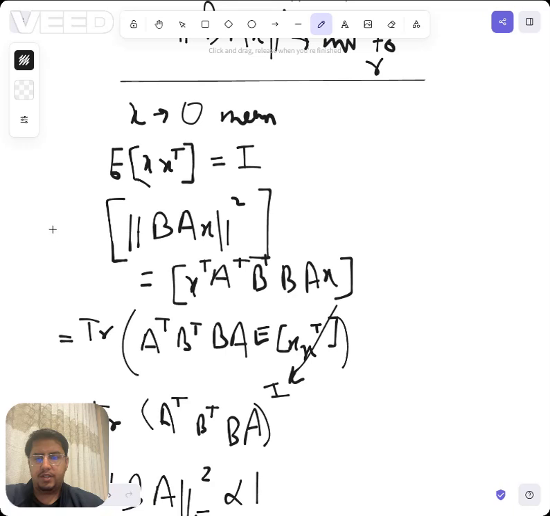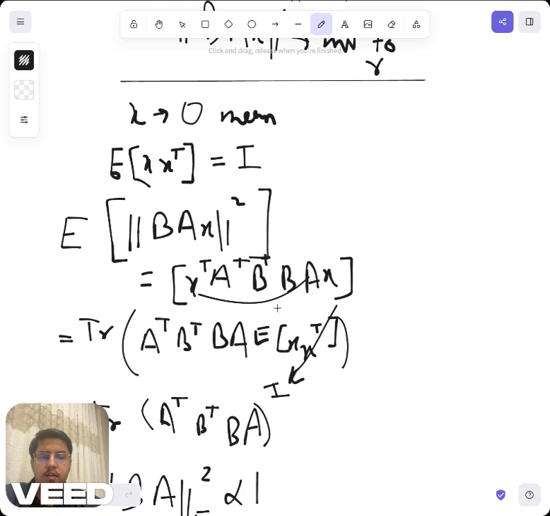Then, if we write the expectation for our low rank adaptation outputs, it transitions to the expectation of x transpose A transpose B transpose times B times A times x. Using trace notation, this turns to A transpose B transpose B A, and this part becomes an expectation of x times x transpose if you pair these up.